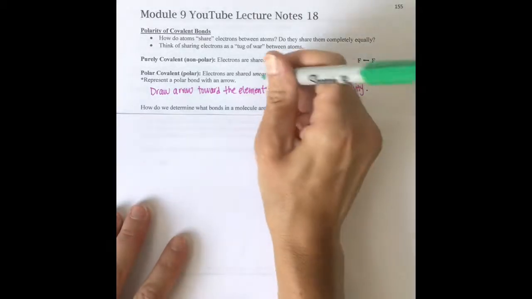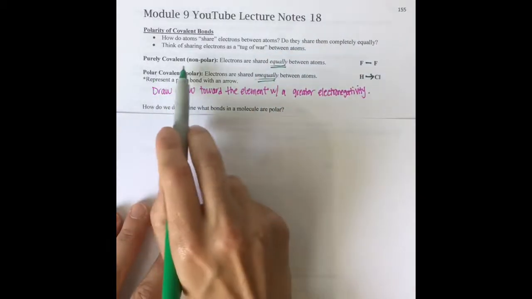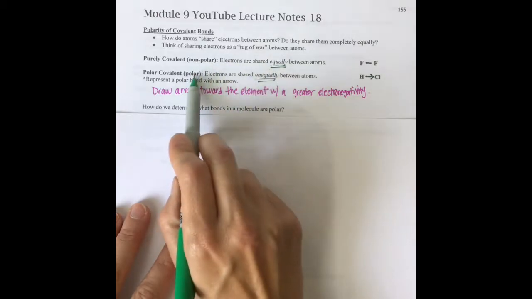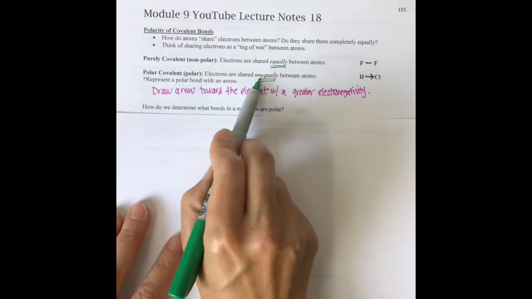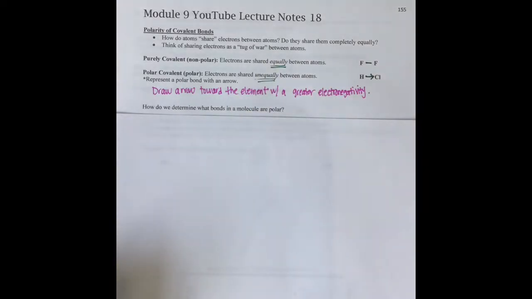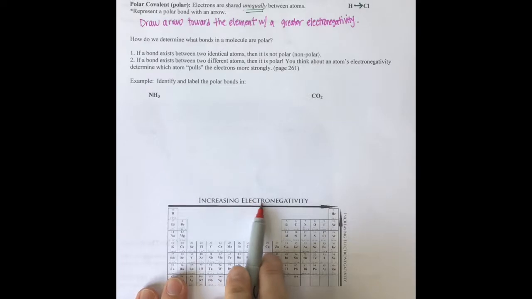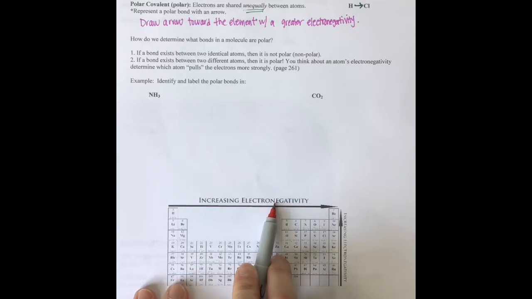Okay, but from this section, all you need to know is that nonpolar means they're shared equal, and polar means they're shared unequally. One of them pulls a little bit harder. Okay, so let's look at this term electronegativity. Electronegativity is an element's tendency to want to gain more electrons.